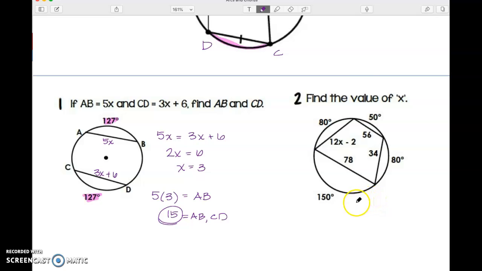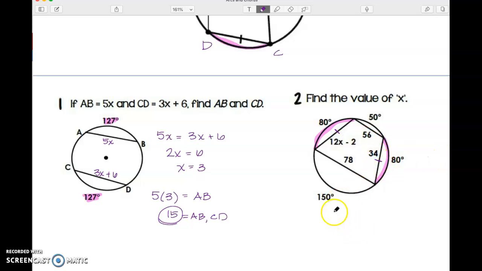In number 2, again, we want to look for some congruencies with the arcs. So we have this arc measured at 80 and this arc measured at 80. If those arcs are congruent and have the same measure, that means that the chords that create them also have to be congruent.